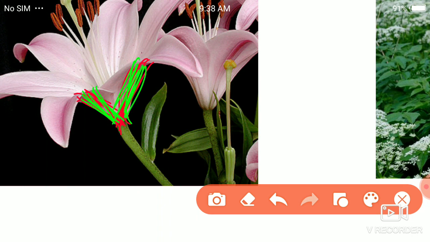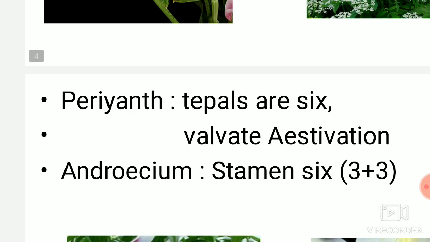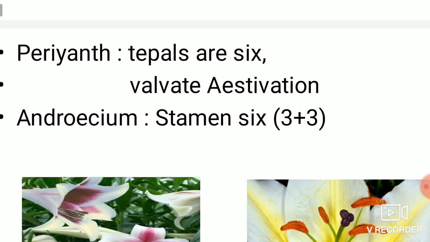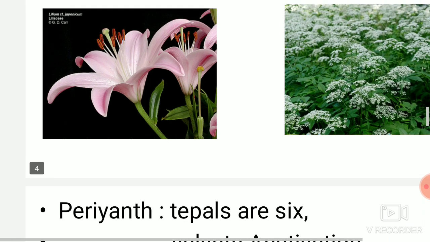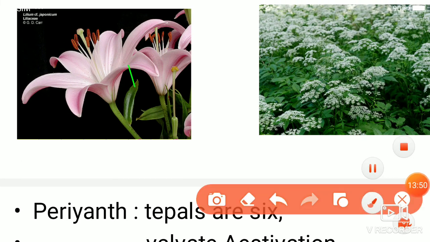So here you can see the fused form of the sepals. That's why it is called as tepals. So how many tepals are there? If we consider the tepals which are present, 1, 2, 3, here it is 4, 5, 6. So tepals are 6.